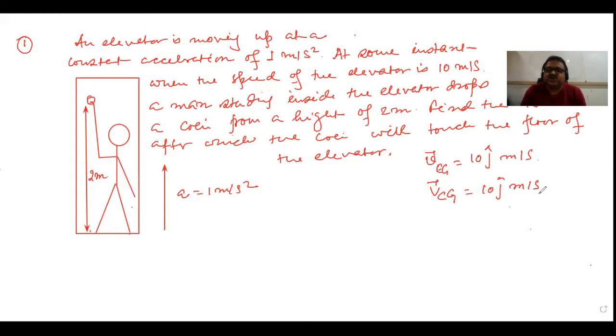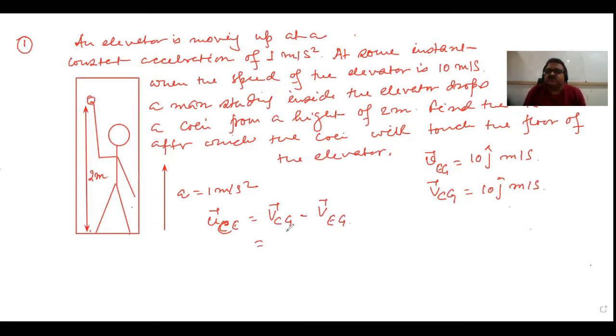So what is the initial velocity of the coin with respect to the elevator? Velocity of the coin with respect to the elevator is velocity of the coin with respect to the ground minus velocity of the elevator with respect to the ground.